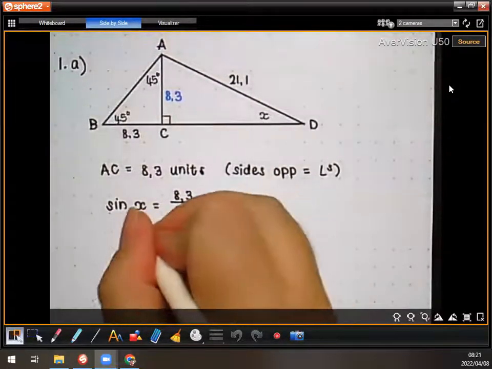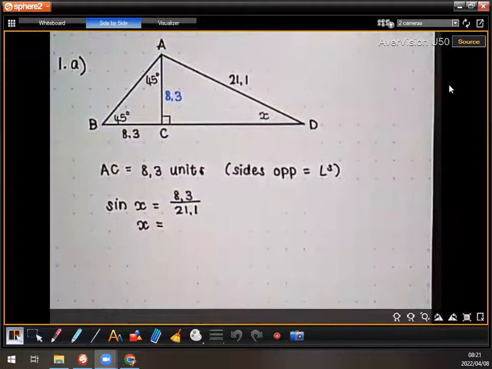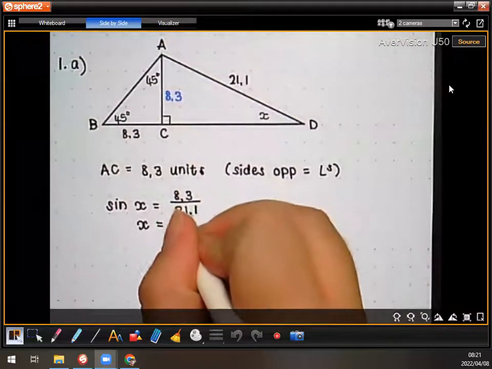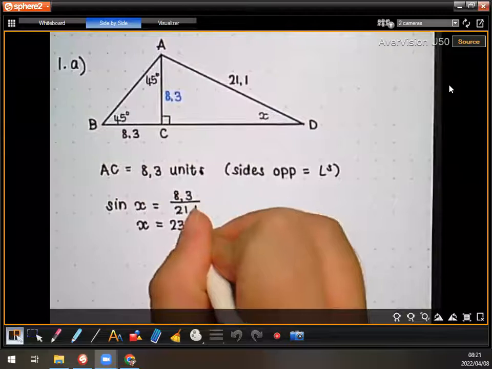All right, so then x is going to be, and guys, this is a step that you don't have to write down. Okay, you don't have to write sine to the power of -1 of that fraction if you don't want to, but you can. So we're just going to type into the calculator shift sine 8,3 over 21,1, and the answer is 23,16 degrees.